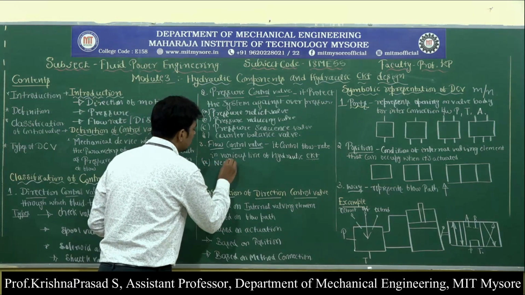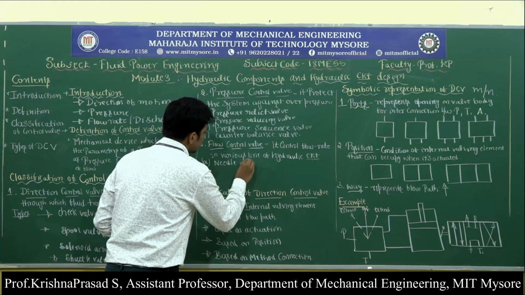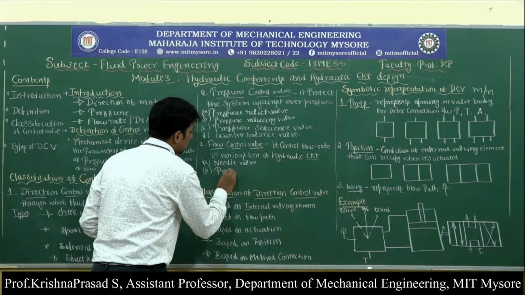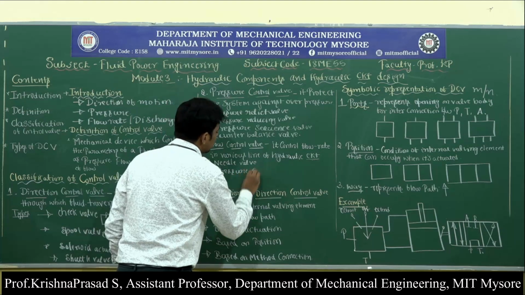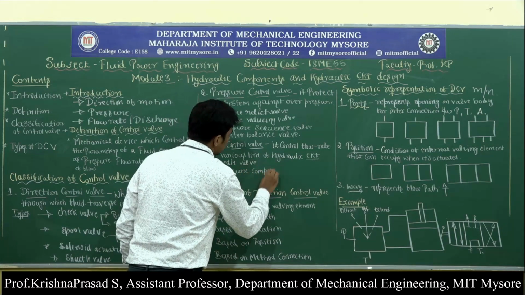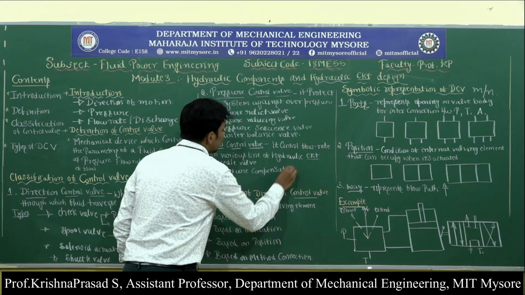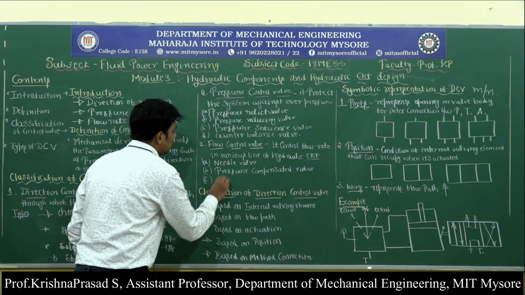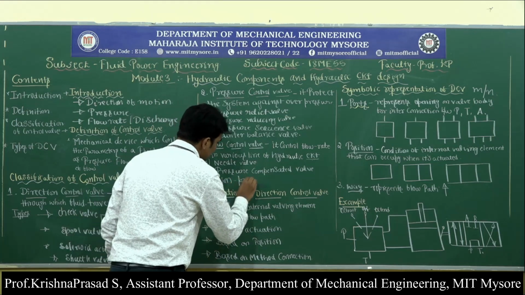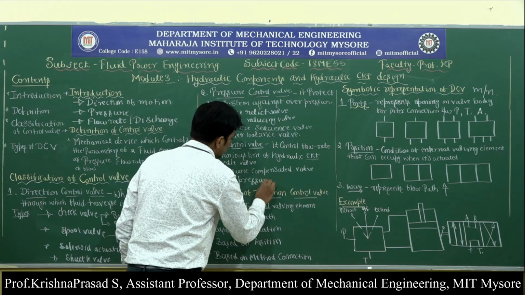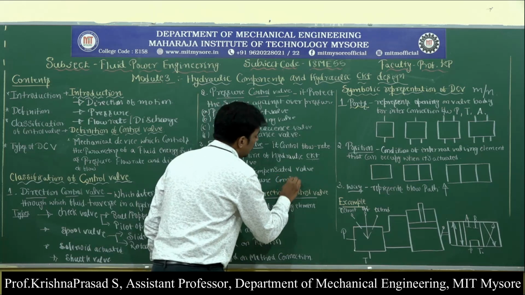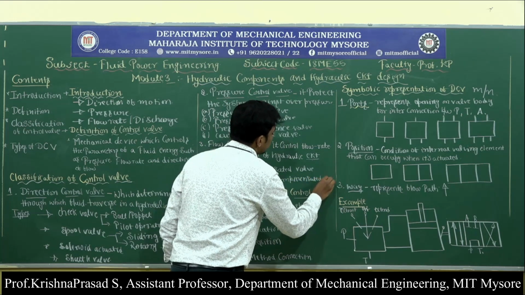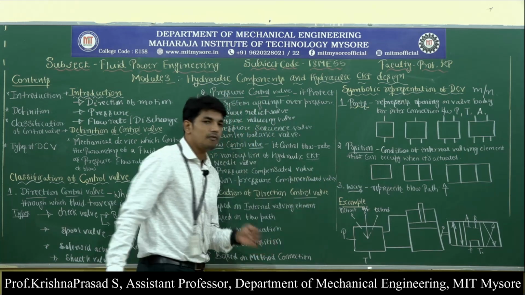The one is called needle valve, another one is called pressure compensated valve, and another one is non-pressure compensated valve. So these are the classification of flow control valve.